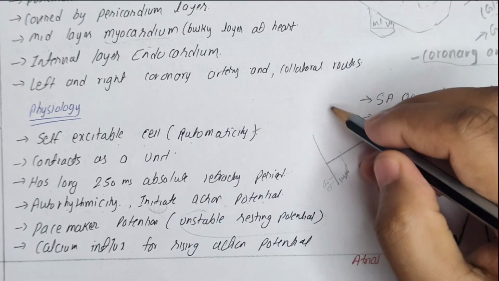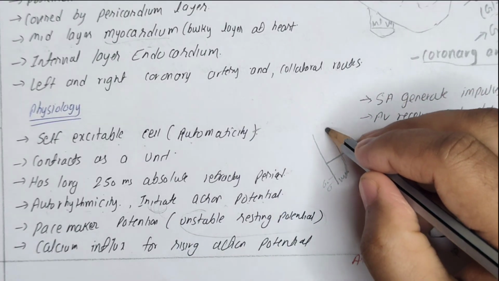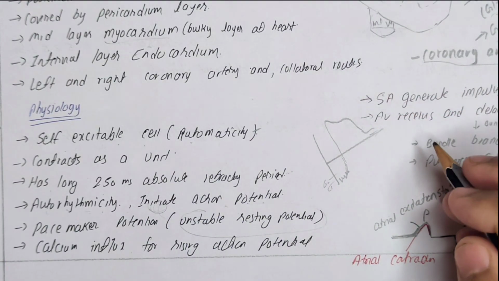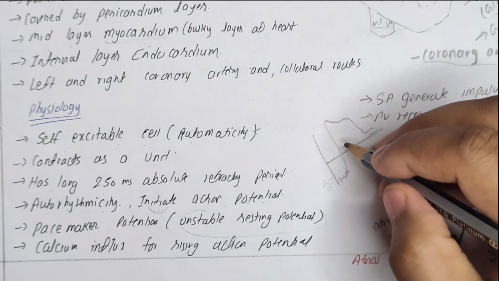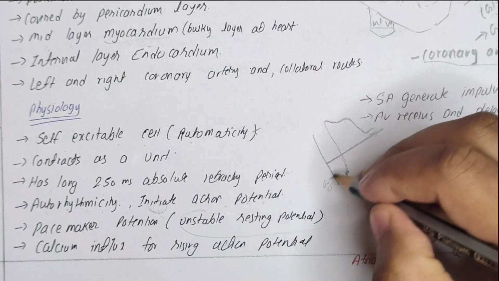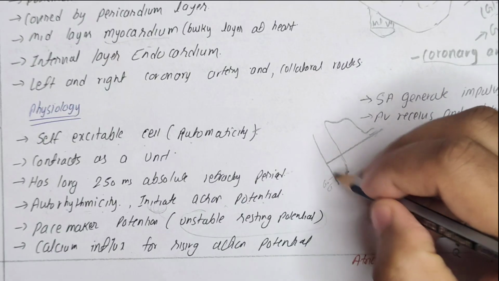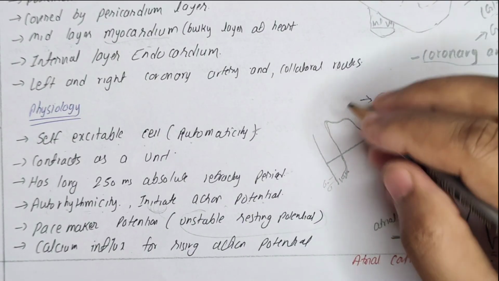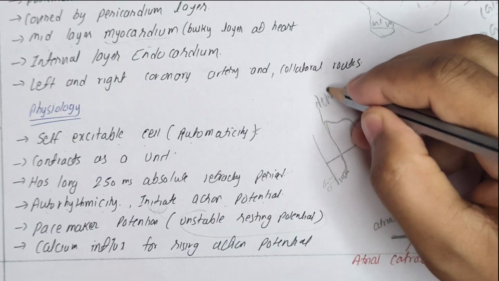When it reaches here, the influx and efflux of ions will take place. The sodium ion will come inside and the calcium ion will come inside. Now this charge will recharge in the positive manner, right? So this is known as depolarization.